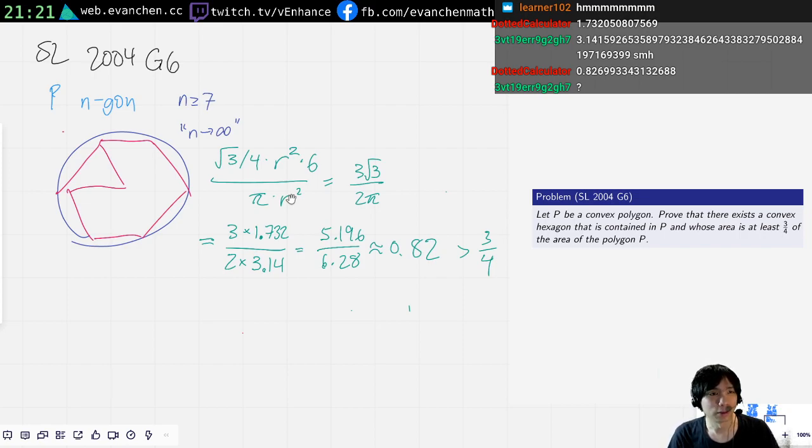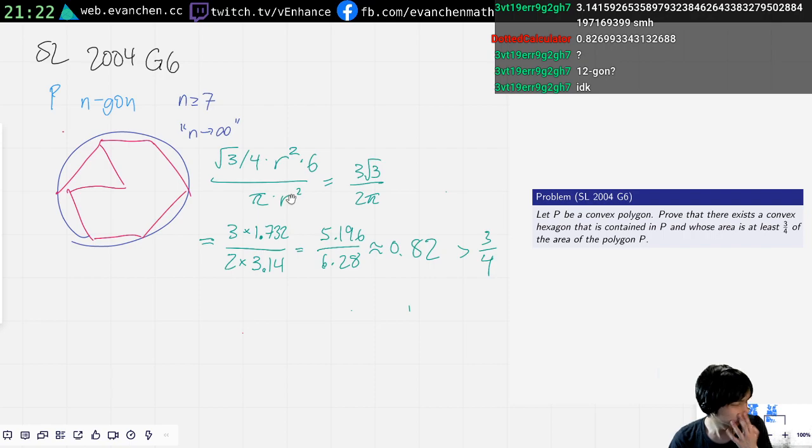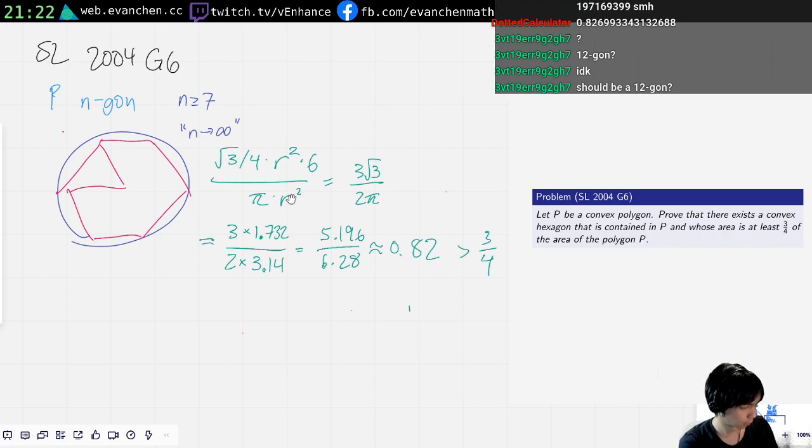Is there an example that gives you close to it?